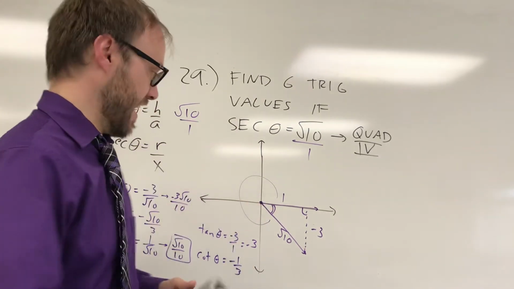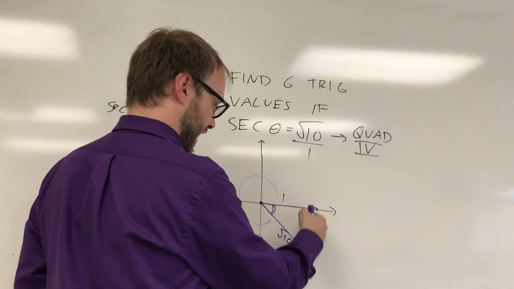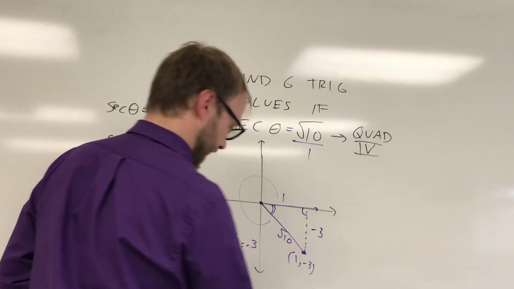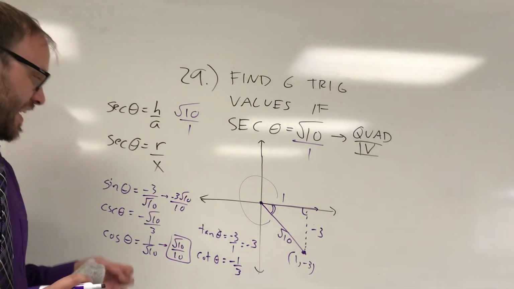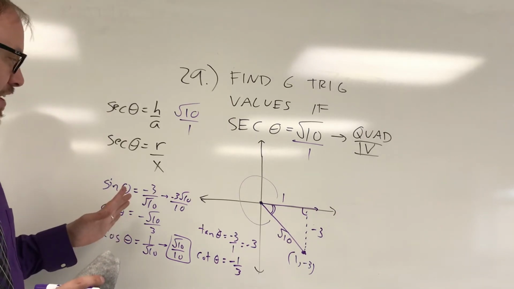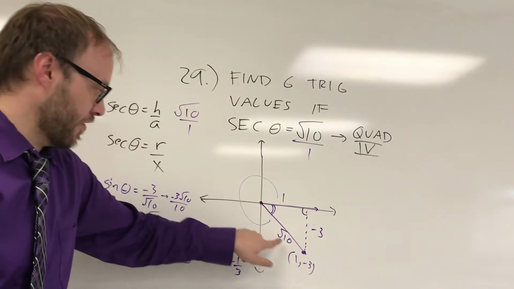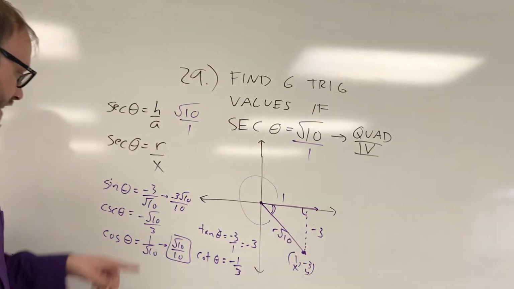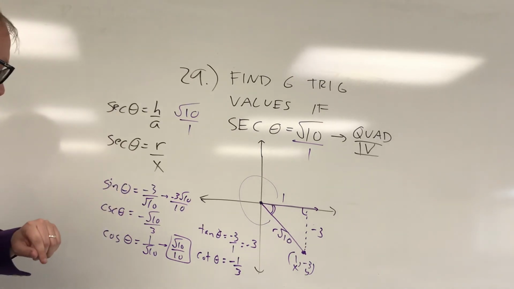You could use the coordinate definitions. You could say I'm going over 1, down -3. I'm passing through the point (1, -3). And sine is y over r. That's x, that's y, that's r. And you can see y over r would give me that.